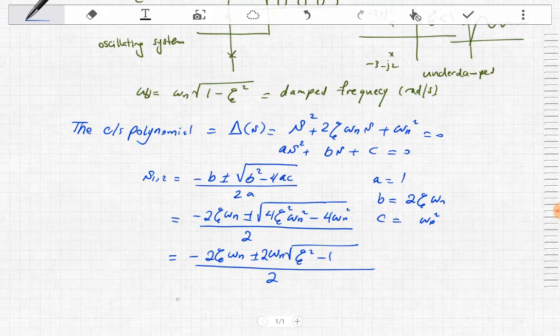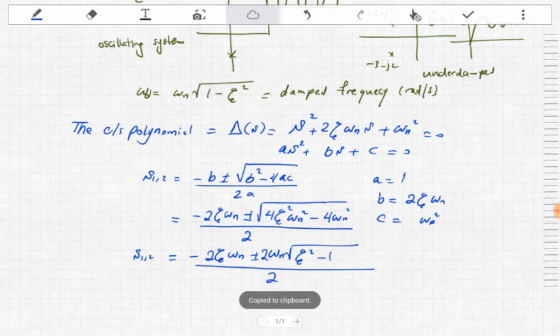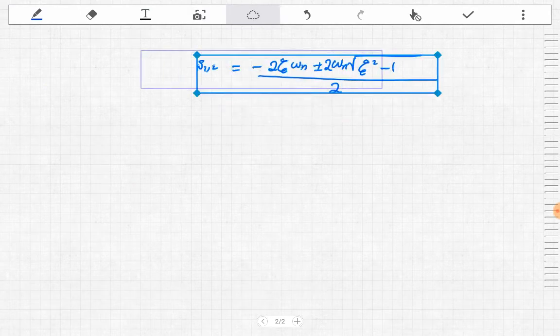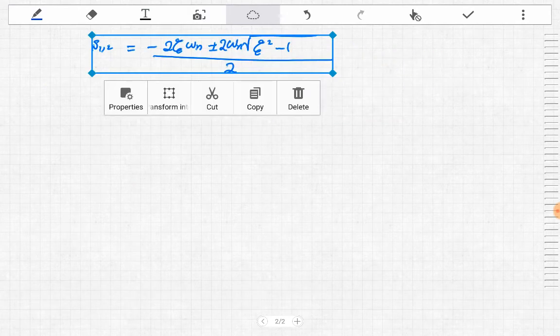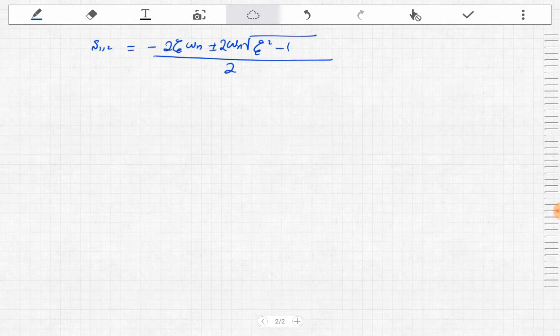So we can simplify it more. Let's take it to the other page and copy. So that's our roots or poles of the system. I cancel the 2. So you will have minus 2 over 2, which is minus eta omega n, plus or minus, 2 cancels 2, omega n times the square root of eta square minus 1.